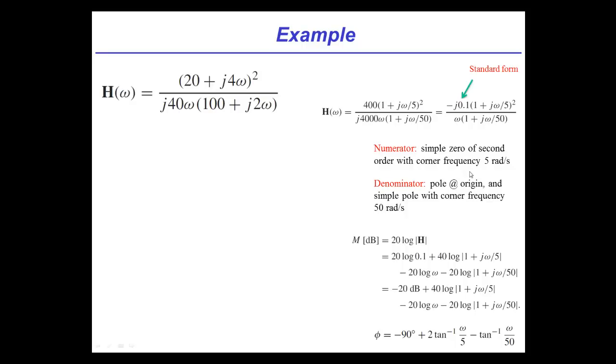Okay, so if I remember correctly, a 0 at the origin has a flat 90-degree constant sort of phase shift, but a pole at the origin has a minus 90-degree. That's right. So that's the minus 90 degree. That's the pole at the origin. Yeah, the pole at the origin has a flat minus 90 degree, and then we have 2 times the arctan associated with the 0 because it's a second order term, and an arctan subtraction associated with the pole, the simple pole. Okay, so that's the idea.